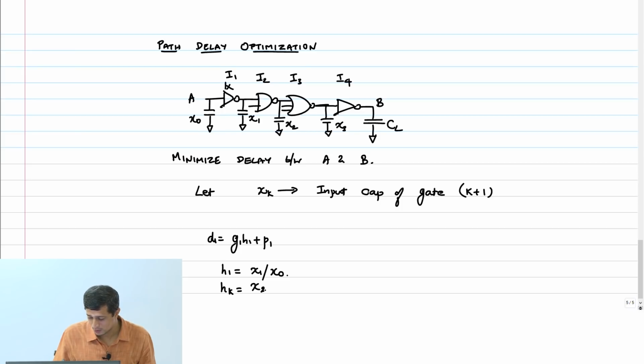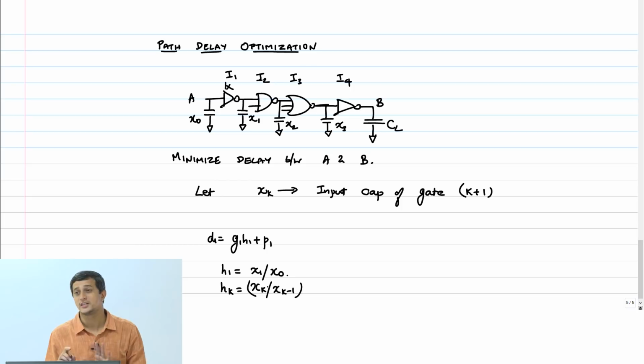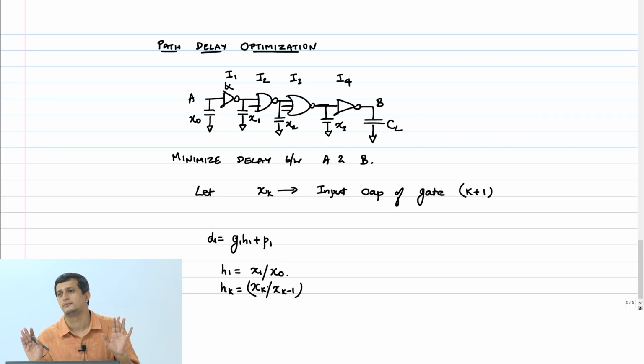It is just Xk by Xk minus 1. This is the advantage if we choose the capacitance itself as the variable. Then the H's become very simple to evaluate. It is just the ratio of these capacitances and I am done.